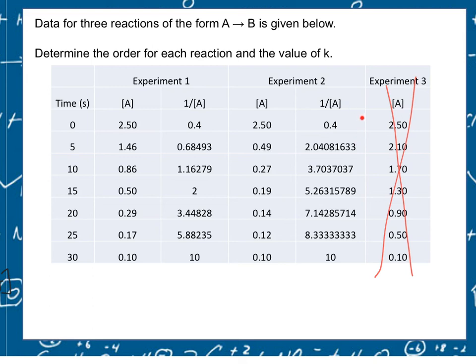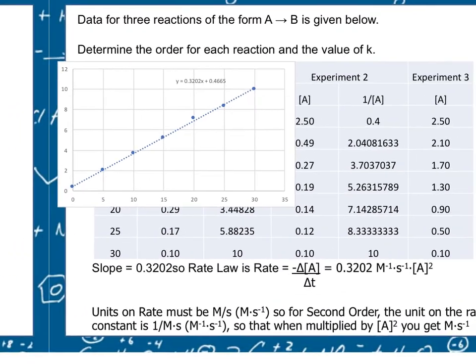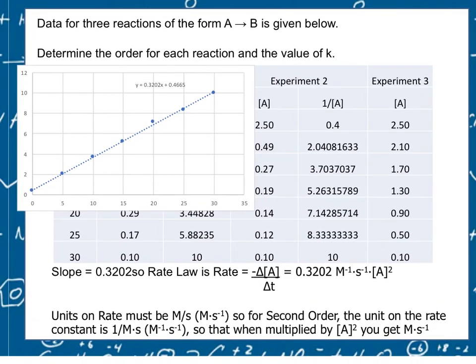A change of about 1.5, a change of about 1.5, a change of about 1.5. This is my linear graph, so I'm going to plot that. Interesting. Positive graph. So in this case, the slope is just k. It's not negative k because it's a positive graph. It's the whole thing with the reciprocal. I don't want to weigh you down with it.